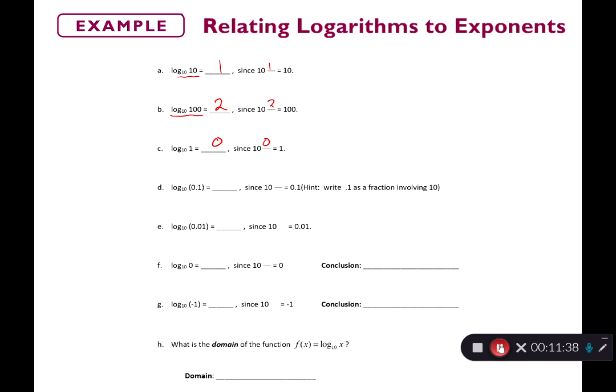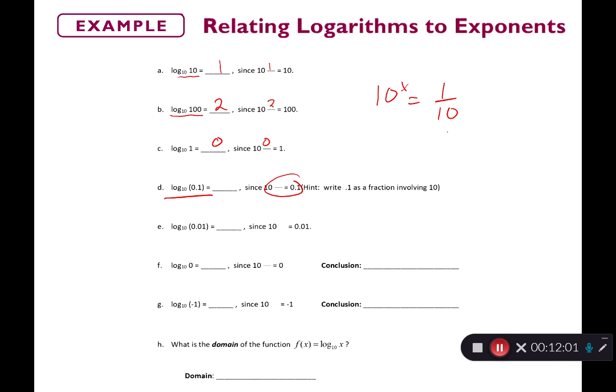All right, so I have the log base 10 of 1/10. Now this is the first time we're seeing a decimal here. However, if we rewrite in exponential form, I have 10 to what power? Now instead of a blank, I could call that x, and remember, 0.1 is equal to 1/10.